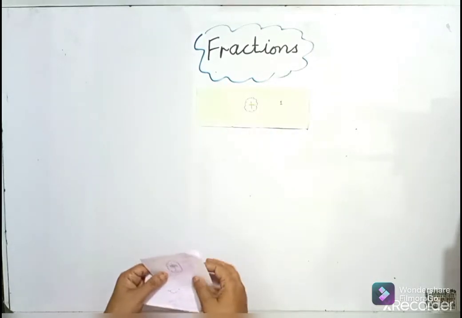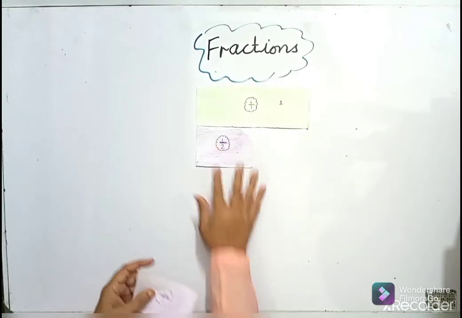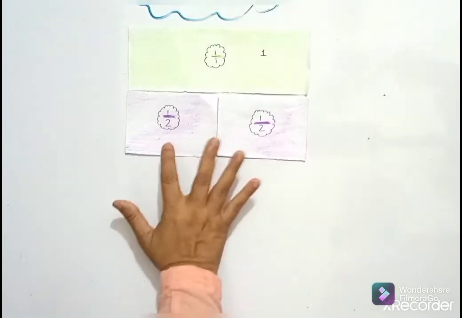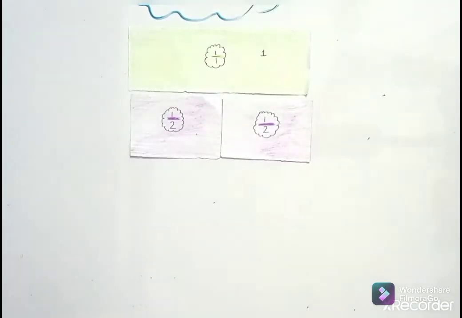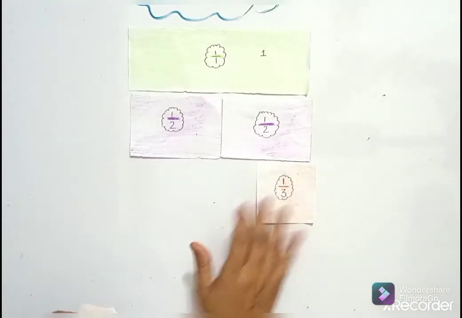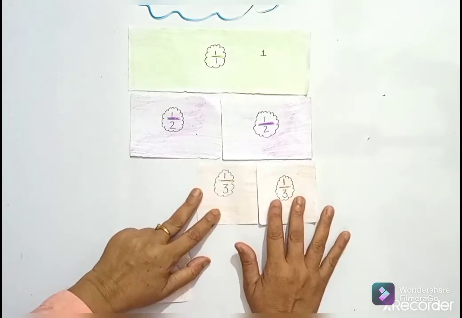Whole means whole. And next you will divide into 2 equal parts. The size is the same as a whole, but this one is divided into 2 equal parts. And next step you will divide into 3 equal parts like this.